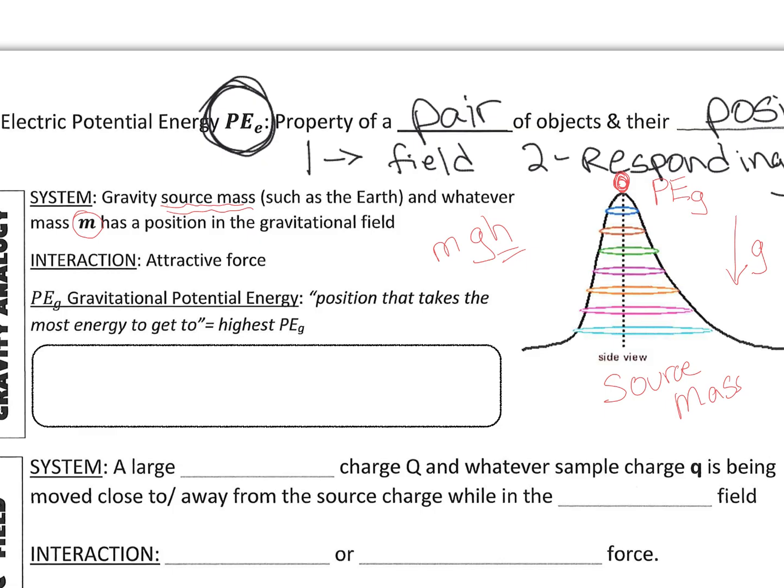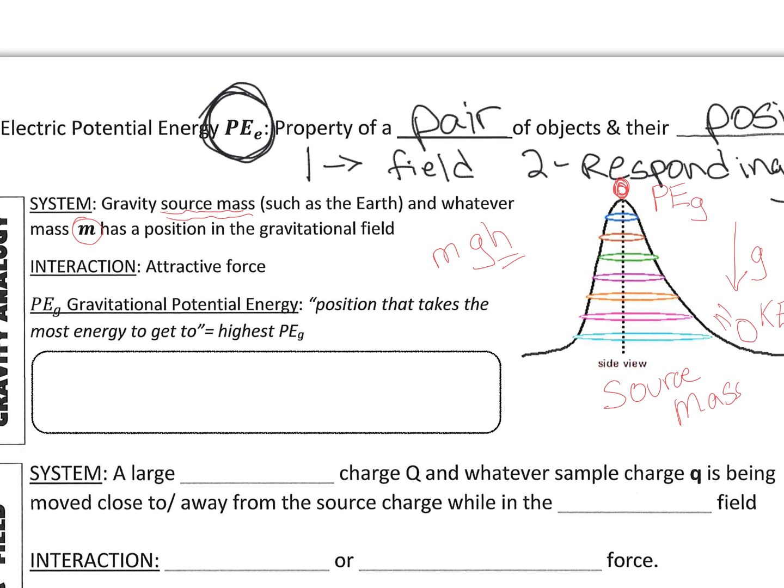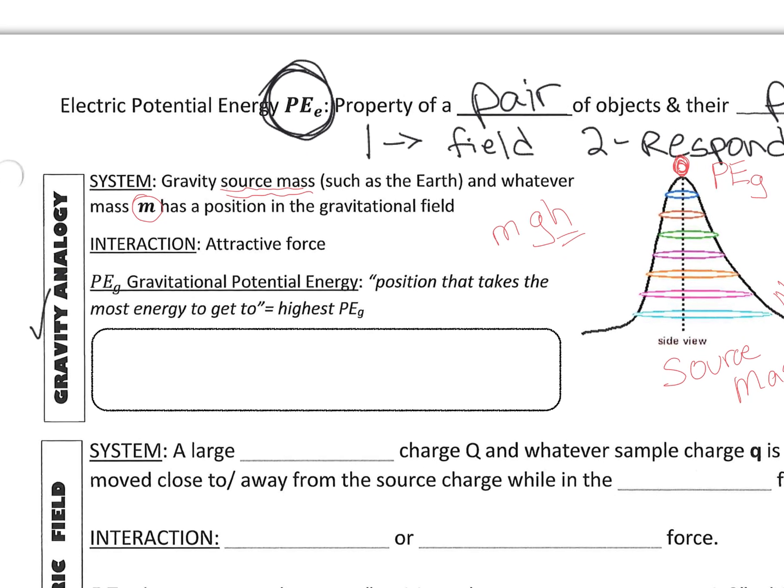So if that mass is unsupported, if it were to precariously kind of roll off the edge of that hill, it would lose its potential energy. It would build up kinetic energy. And of course, we know energy isn't destroyed, but it would be about basically, where is it in the field? Is it high up or is it low down?